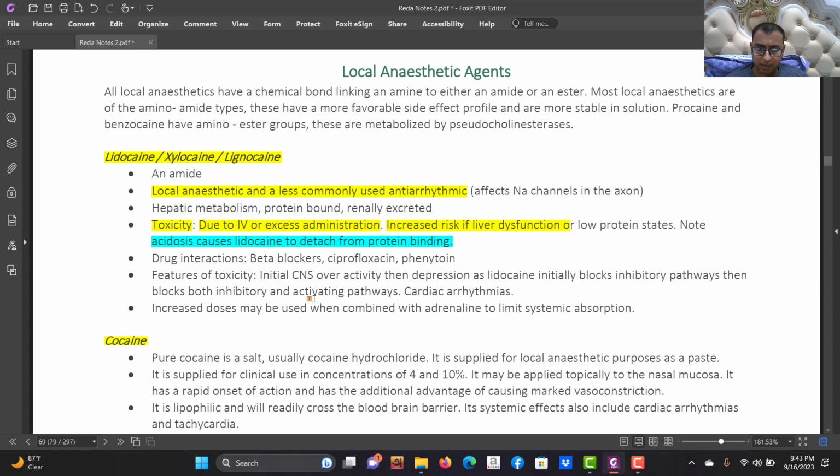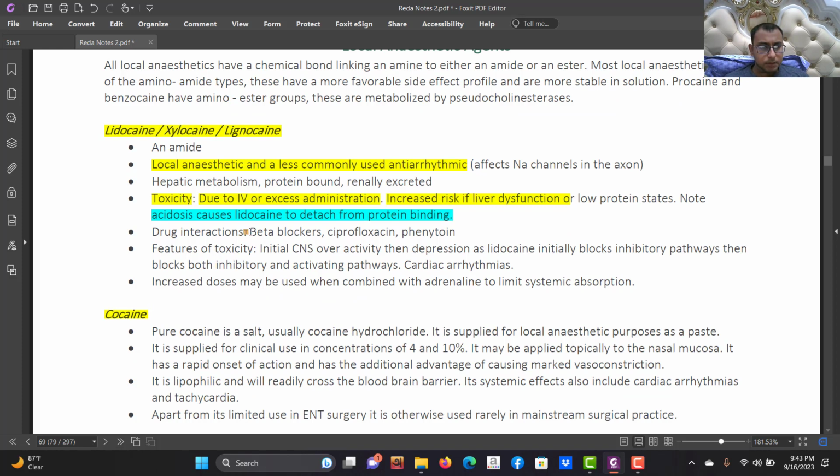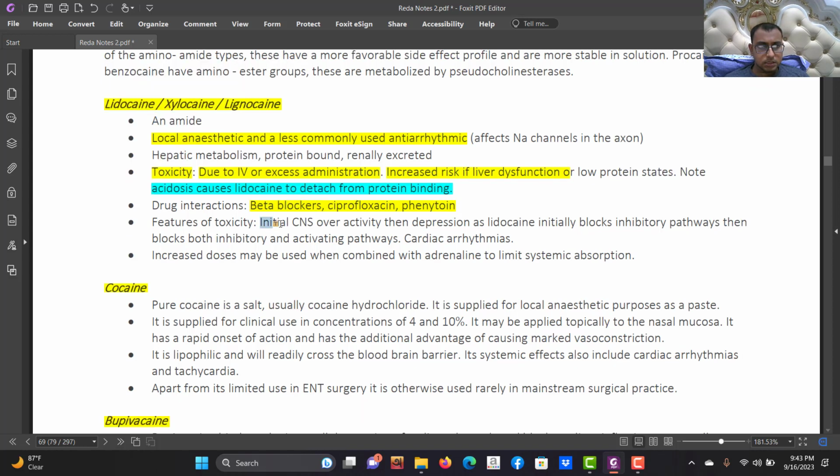It can interact with beta blockers, ciprofloxacin and phenytoin. It causes initial CNS overactivity and then depression: lidocaine initially blocks inhibitory pathways, then blocks both inhibitory and inactivating pathways. So in cardiac arrhythmia we should avoid lignocaine because of its capability of CNS depression.